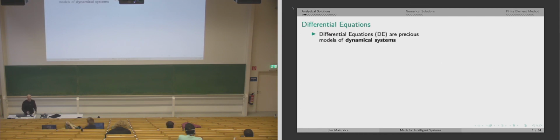Okay, so the thing with differential equations is that they serve as a model. In machine learning, especially, for instance, in reinforcement learning, we talk about model-based and model-free methods. Model-based means that there's some kind of model of the process that we are learning.